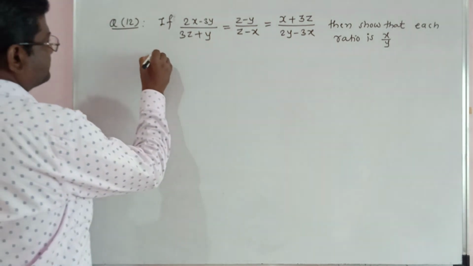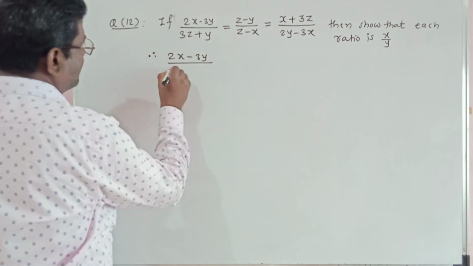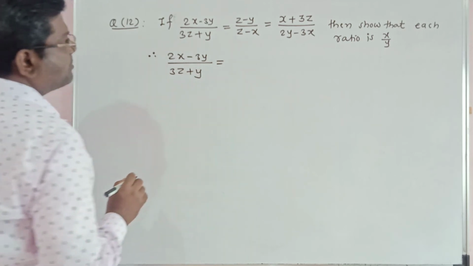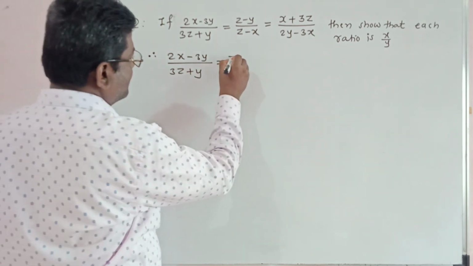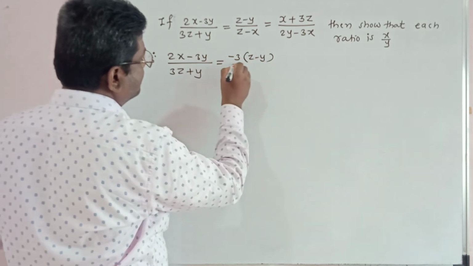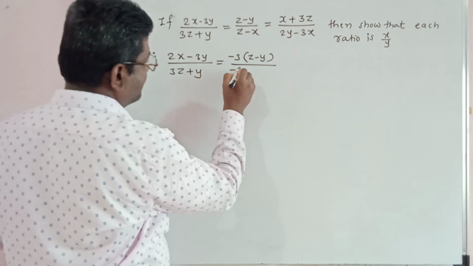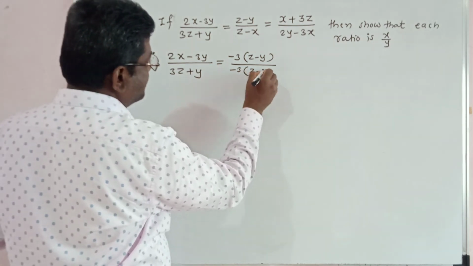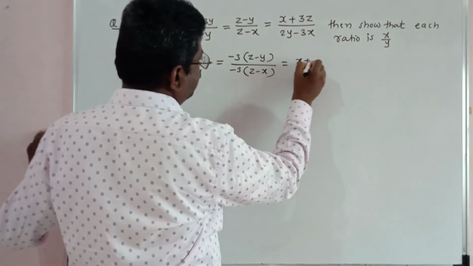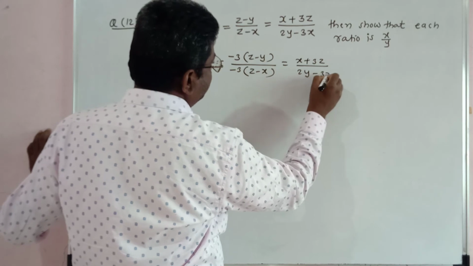Therefore (2x − 3y)/(3z + y) is equal to, multiplying the numerator and denominator of the middle term by minus 3, −3(z − y)/−3(z − x), is equal to (x + 3z)/(2y − 3x).